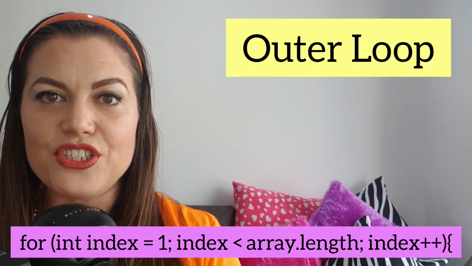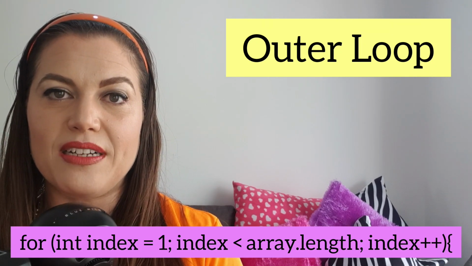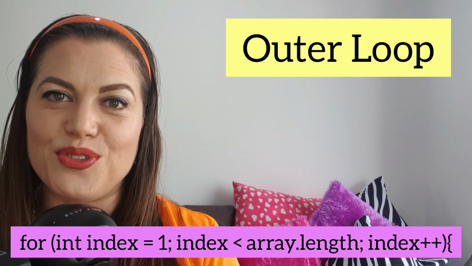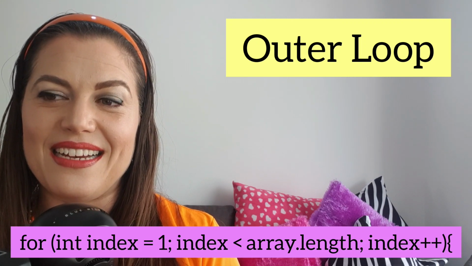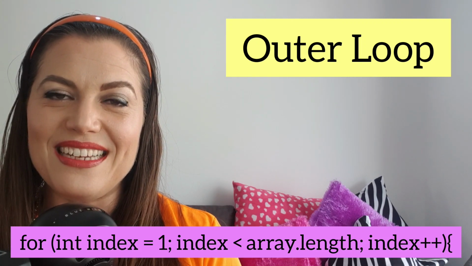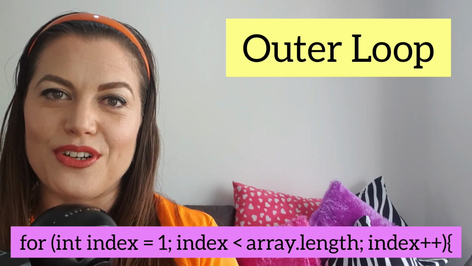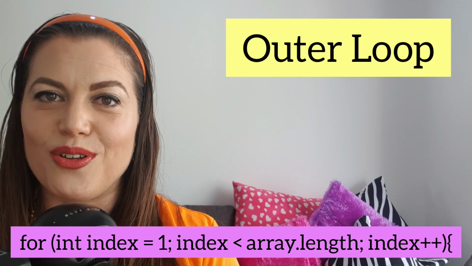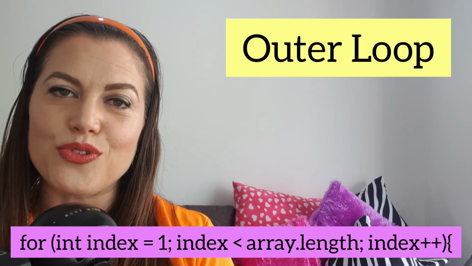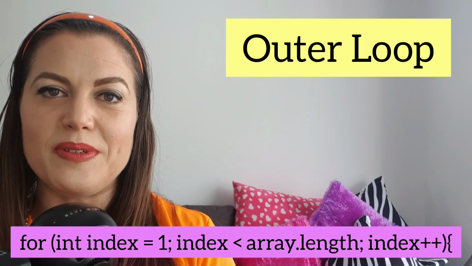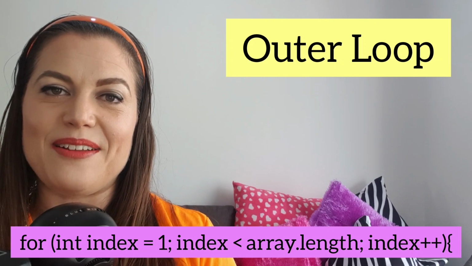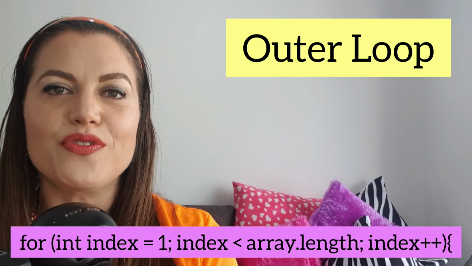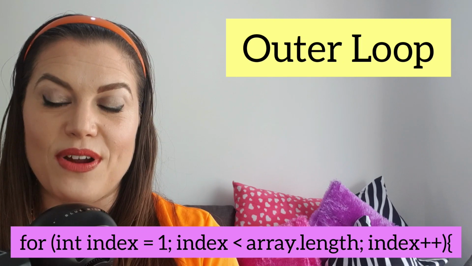But this addition of each time giving another monkey the opportunity to begin this cycle of fighting, this is the outer loop, and this outer loop will go over all of the monkeys in the array.